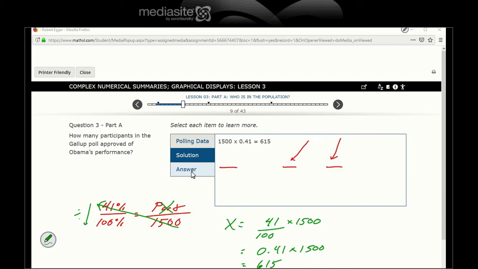So 615 Americans approved of Obama's performance.